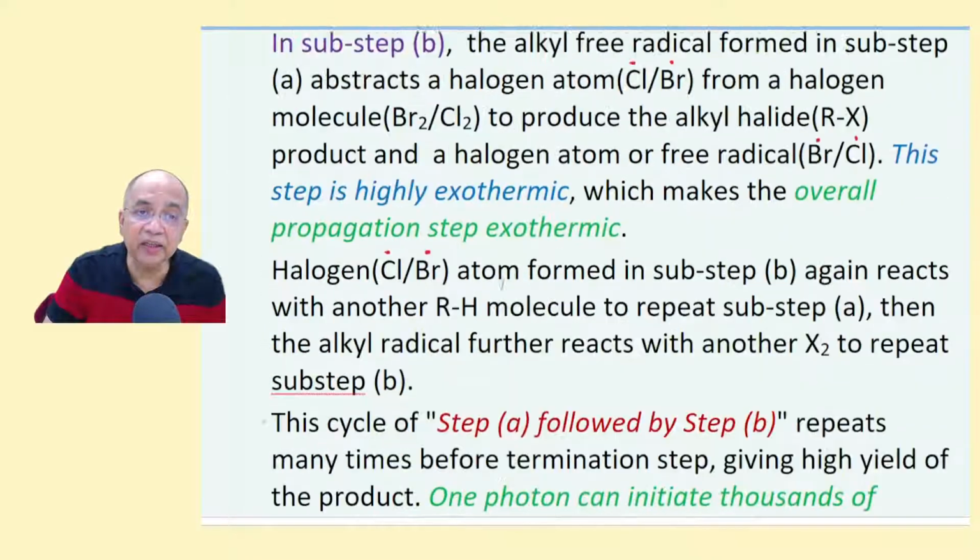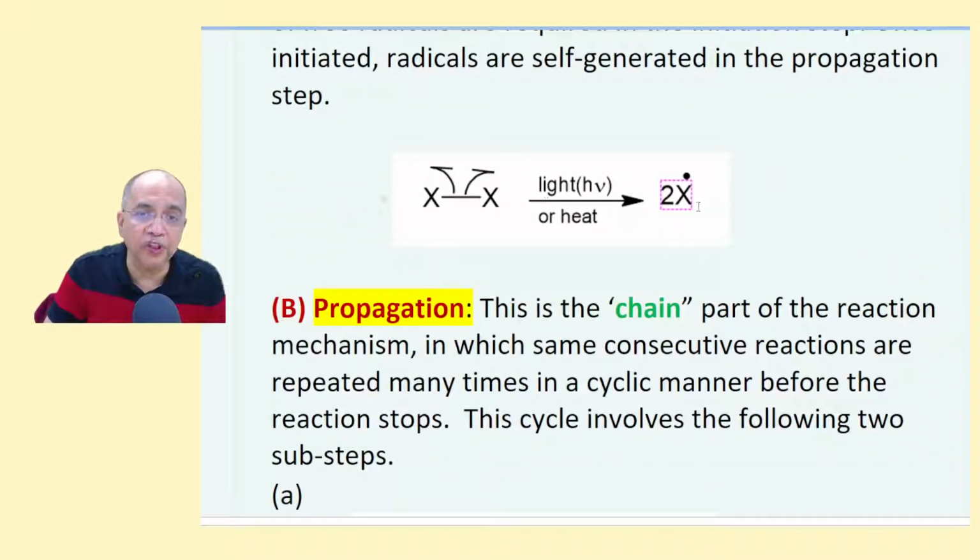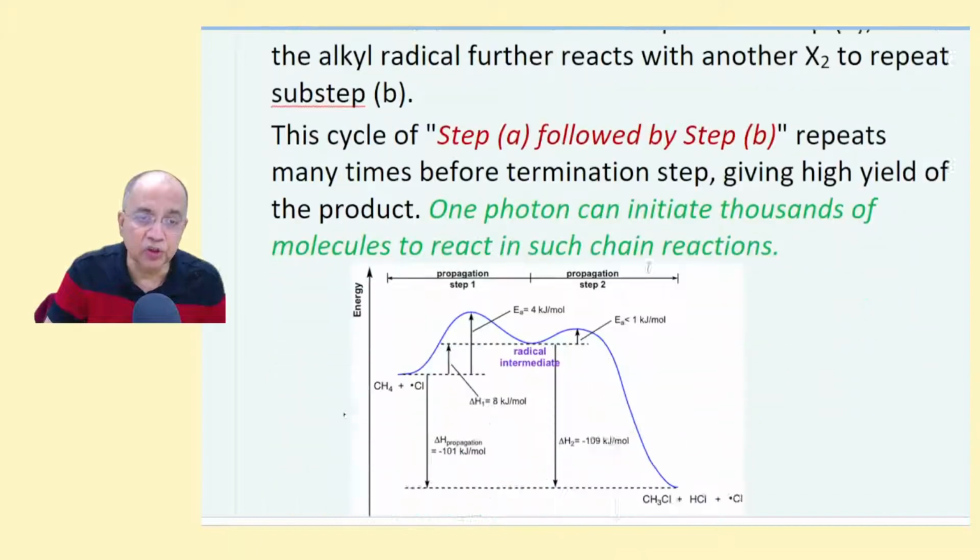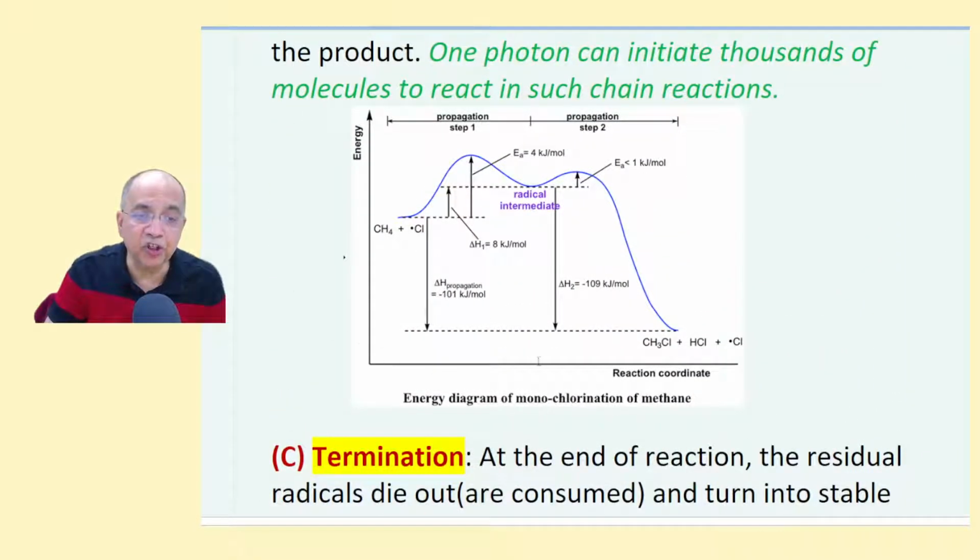This chlorine or bromine radical was formed in the initiation step. So this is the depiction of the propagation step. Initiation is over. So one chlorine radical reacts with CH4, abstracts H dot to produce HCl and CH3 dot. This is the radical intermediate.